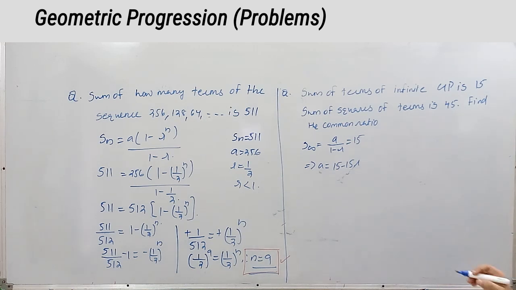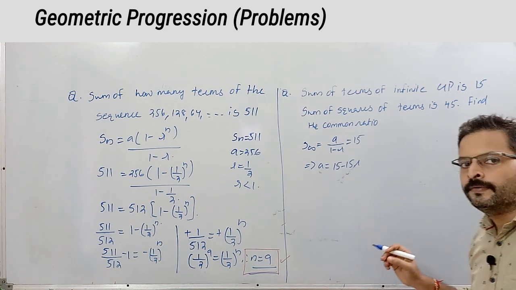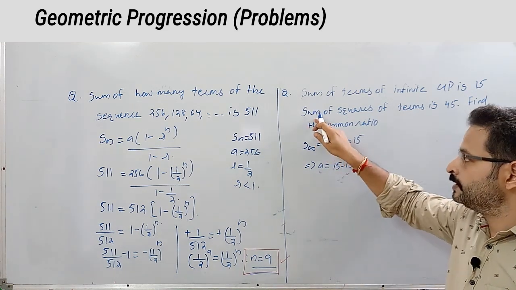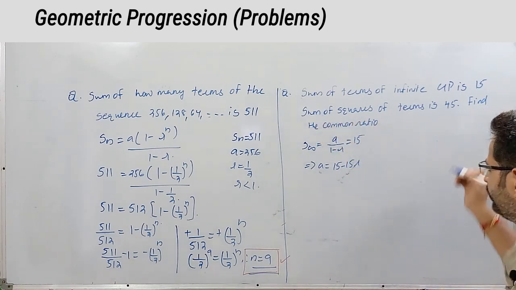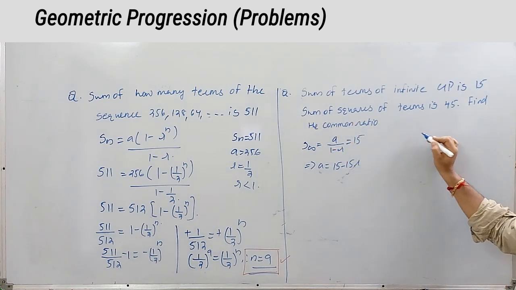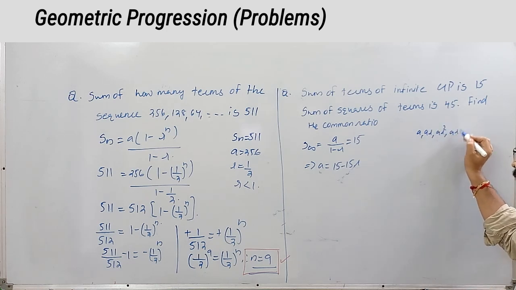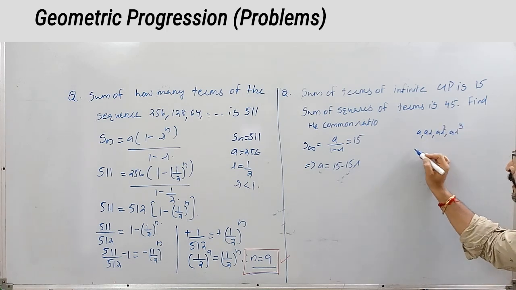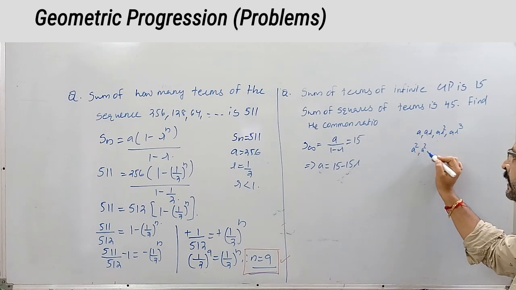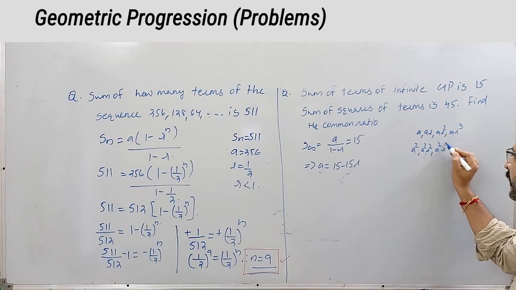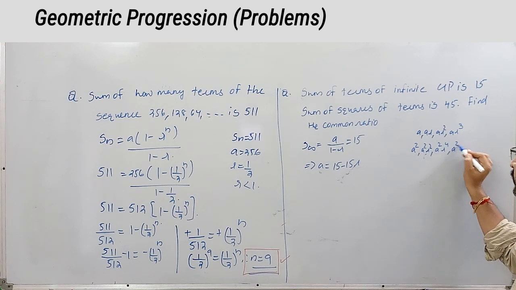Now the sum of the squares of terms. We are given infinite terms of a GP, and the second condition in this question is the sum of the squares. Consider the GP A, AR, AR square, AR cube. The squares will be A square, A square R square, then A square R raised to 4, A square R raised to 6.